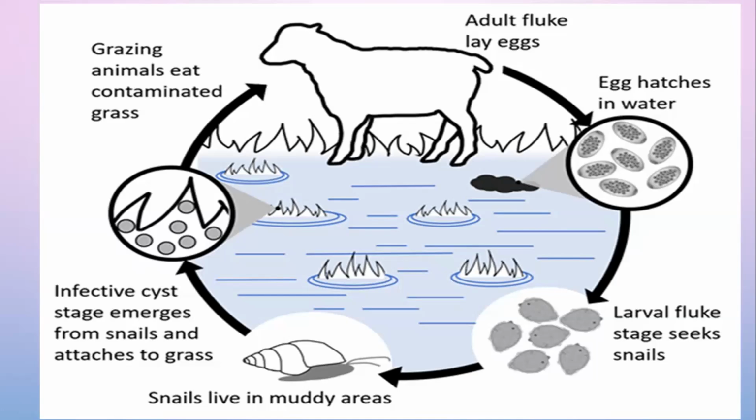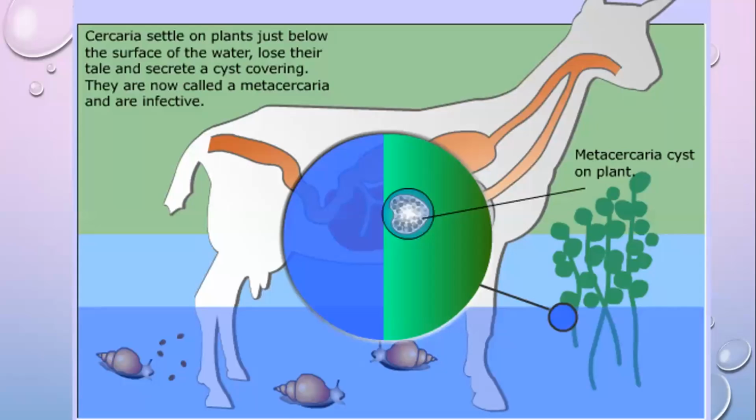After penetrating the snail, the miracidia change into different forms: sporocyst, redia, and then cercaria. From the snail, the cercaria, which has a tail, moves out and encysts on the plants and herbage.